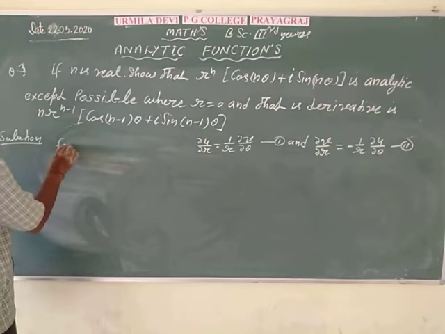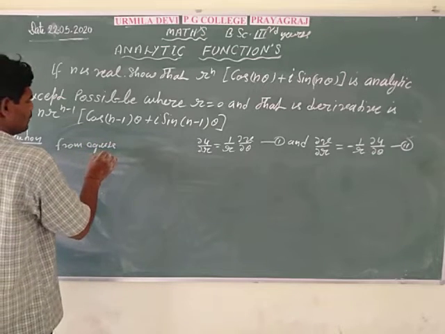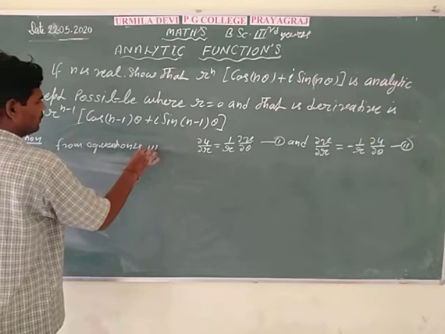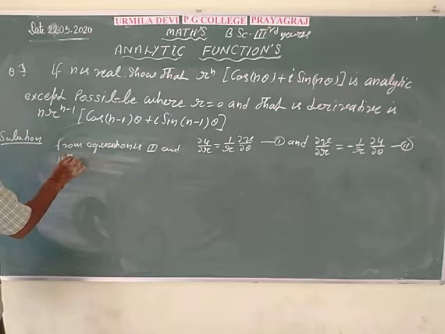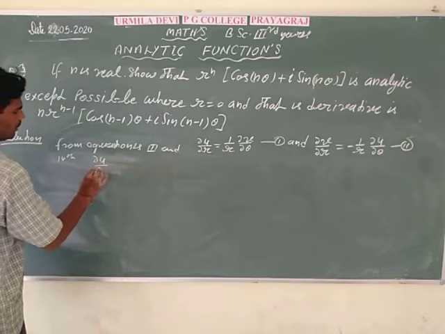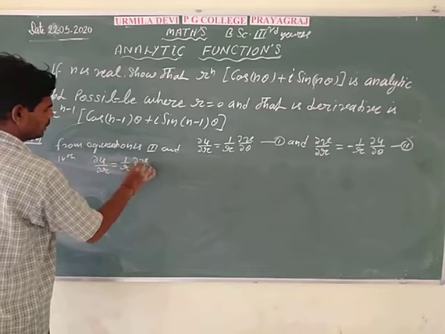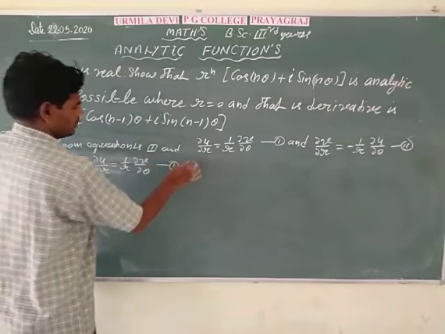So from equations third and fourth, it is clear that del u by del r is equal to 1 by r times del v by del theta, which is the first CR equation.